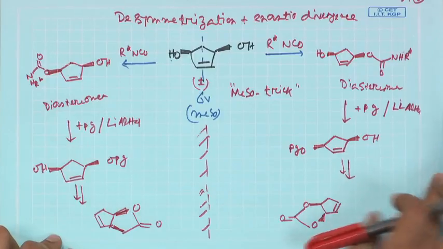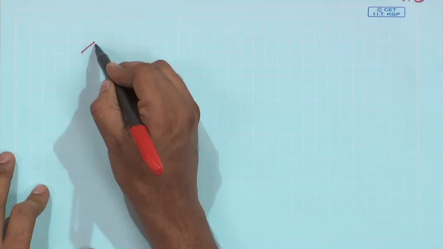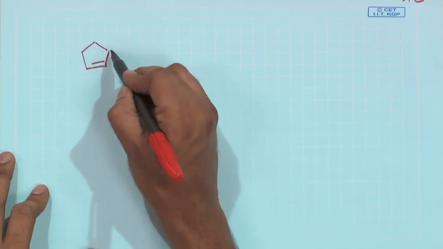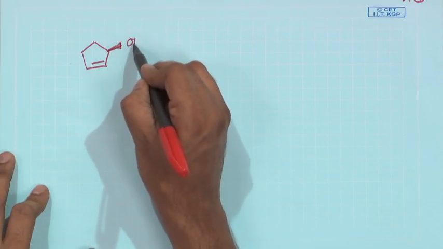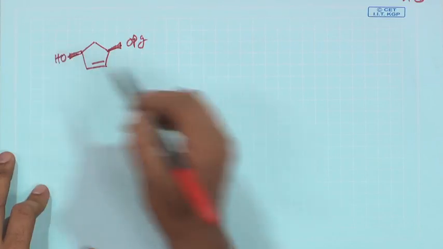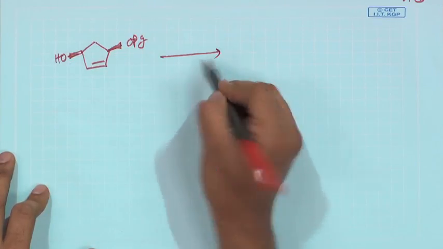I am not explaining it fully, but I can show you one example of how you can do it, because the reaction we already know. In this first case you take this OH; this compound is an allylic alcohol.